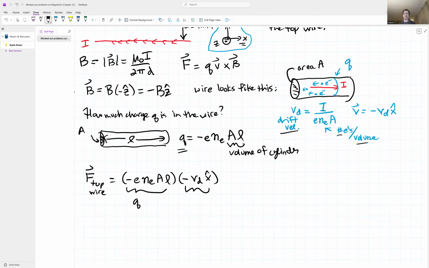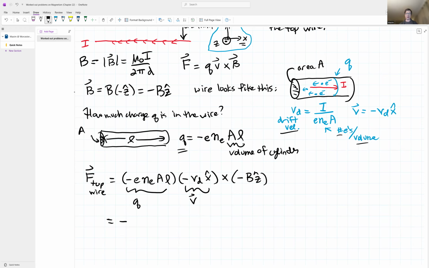That's our V. And this we're going to cross into B, but our B is minus B z hat. Okay, so there's three minus signs and two of them cancel, so there is an overall minus sign.